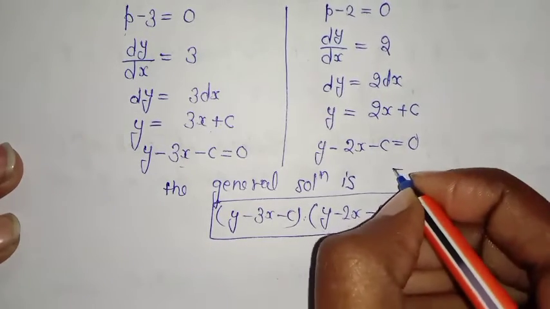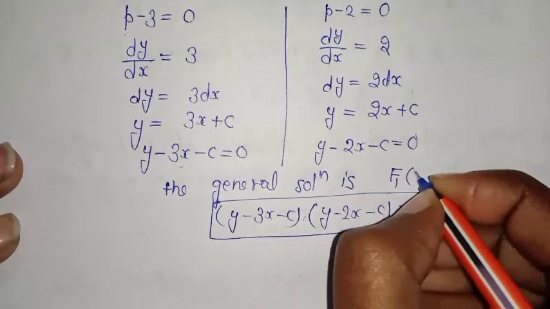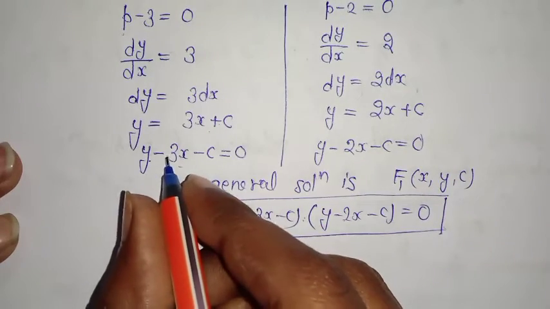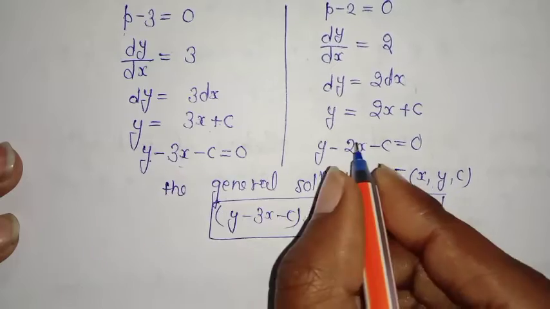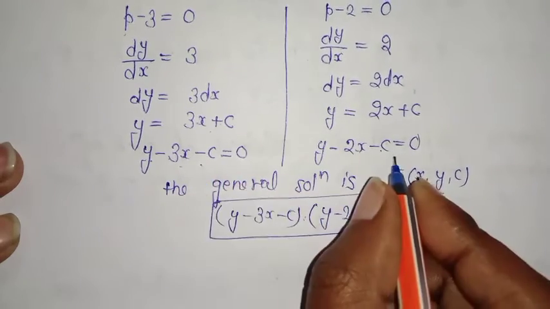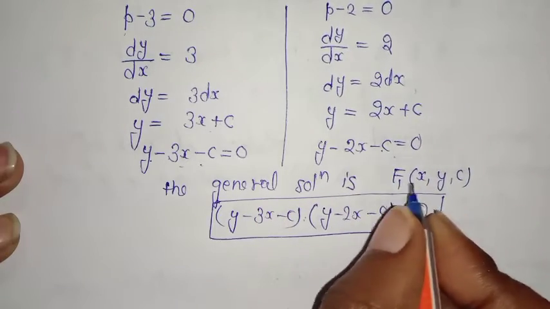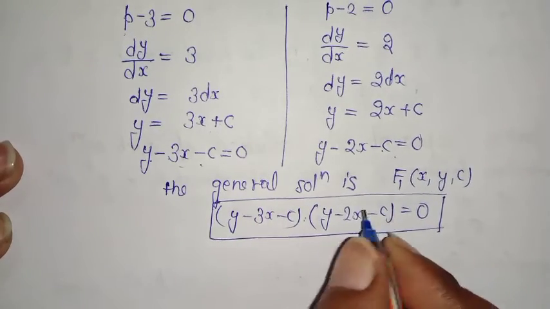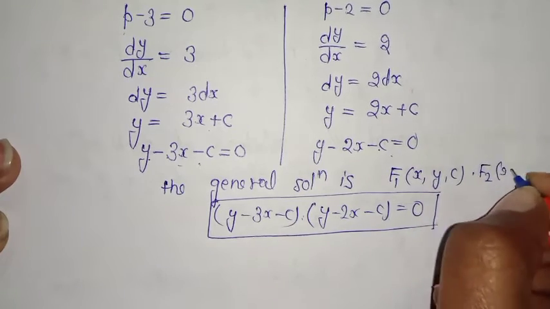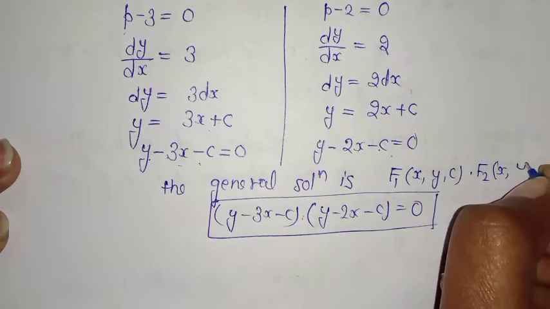You can also write it as f1 of x, y, c. Here you can see this is a function of x, y and c, and this is also a function of x, y and c. This is our f1, this is our f2. The product of these two terms will give us the general solution, and that is our required solution. So in this way we can solve any such differential equation.